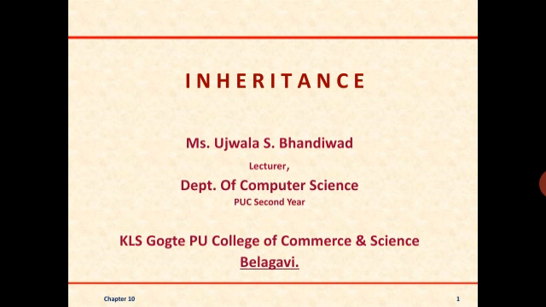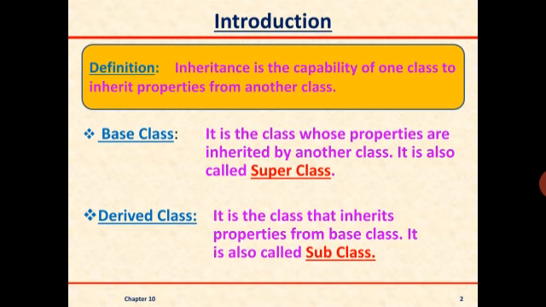So to begin with, let us define what is inheritance. Inheritance is the capability of one class to inherit the properties from another class. Let me take one general example.